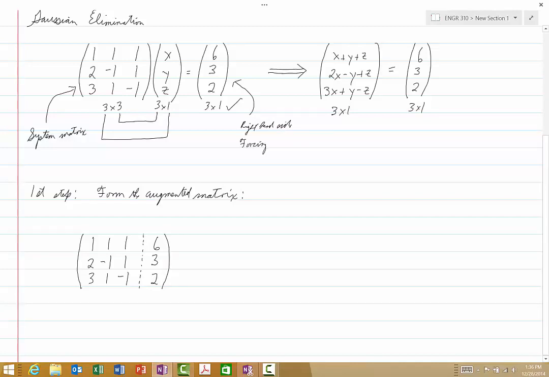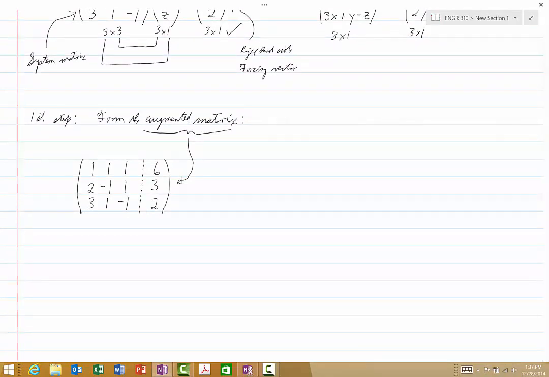You'll see different names. But this is the augmented matrix down here. You see that you have the system matrix on the left and the forcing vector, or the right-hand side, whichever you wish to call it, on the right. And this dotted line is just for your convenience to help remind you that these things are separate from each other. And so this is the augmented matrix.